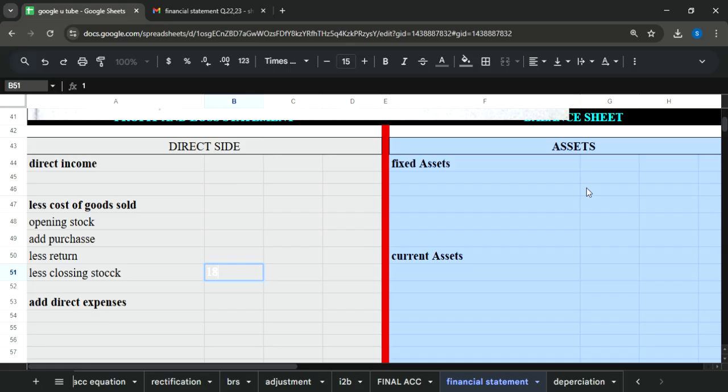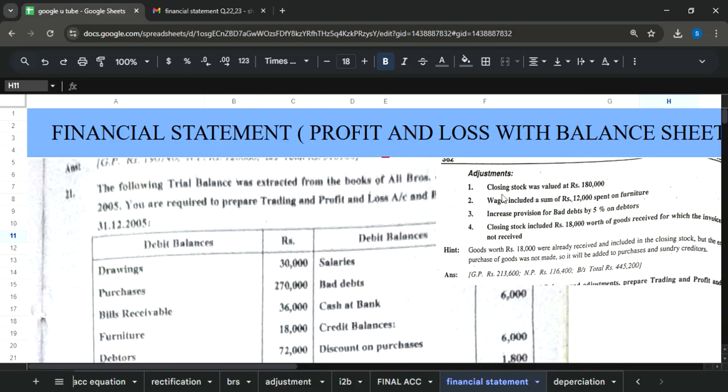So just put 180,000 over here, and as you know, each adjustment has dual effects. So the second effect of closing stock would be in current assets, and we know that the amount of closing stock is 180,000. In this way, our first adjustment has been completed. It had two effects.